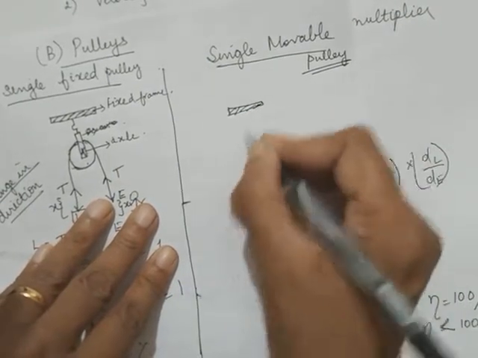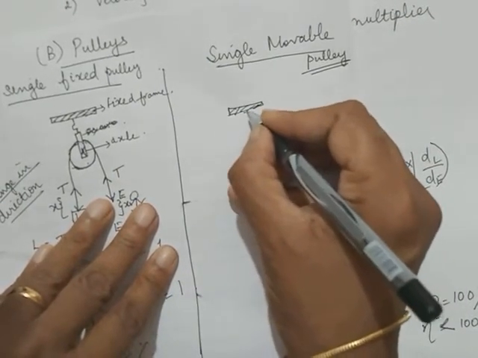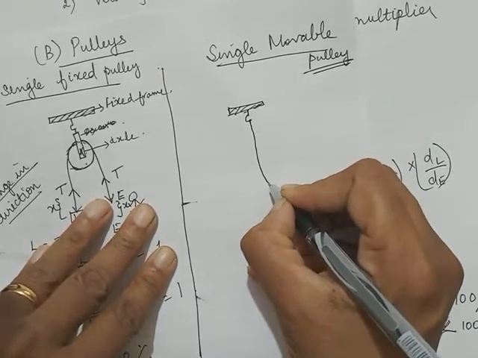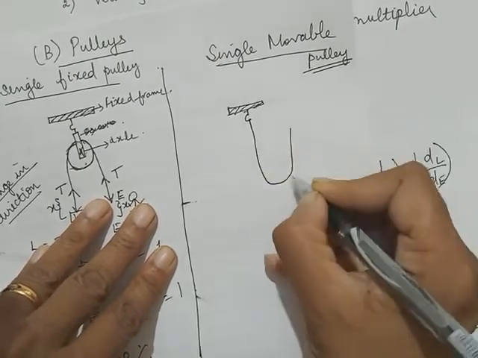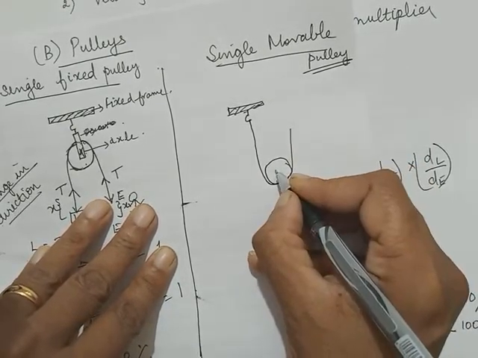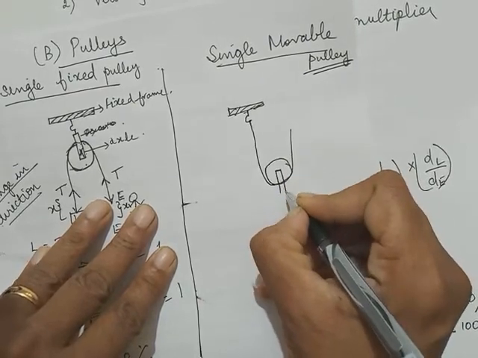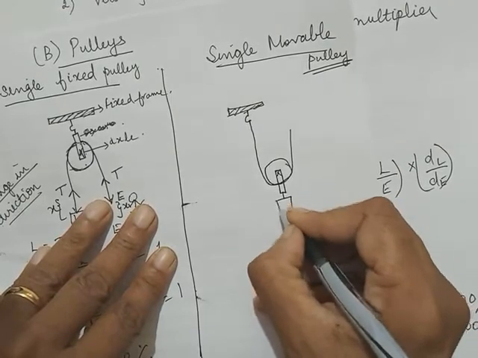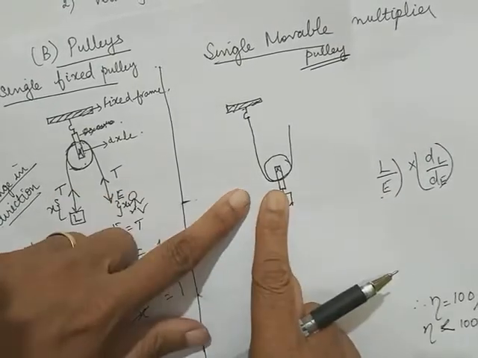This is your fixed frame as usual, and to this hook, one end of the rope will be fixed, and the other end of the rope will be like there, and the load will be fixed directly to the pulley.